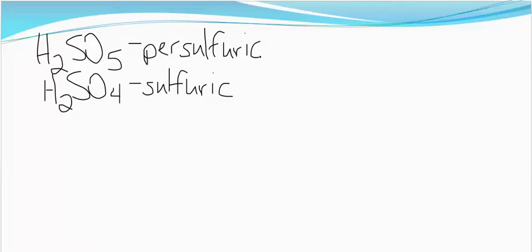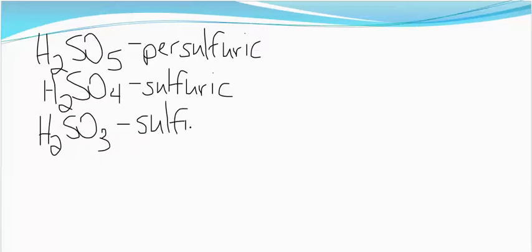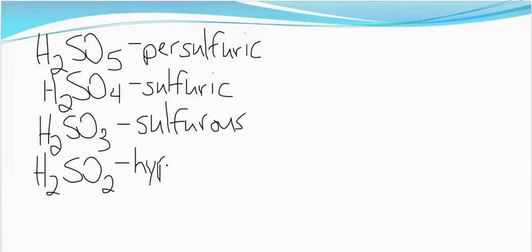I can also take the most common form and subtract oxygen, so I could have H2SO3, which would be called sulfurous acid. And finally, I could have H2SO2. I could subtract 2 oxygen from the most common form, and that would be hyposulfurous. So that's kind of the idea with these acids.